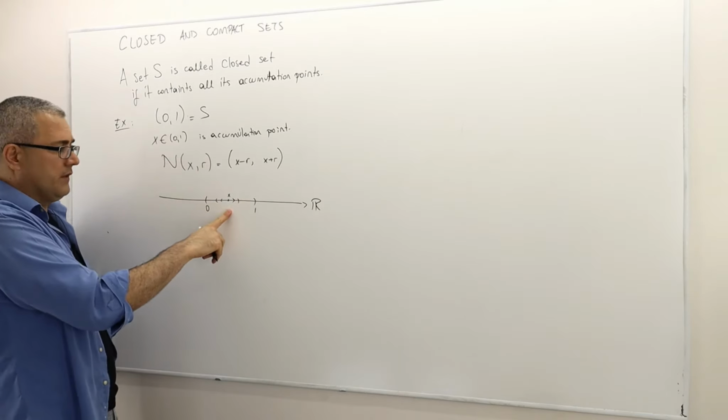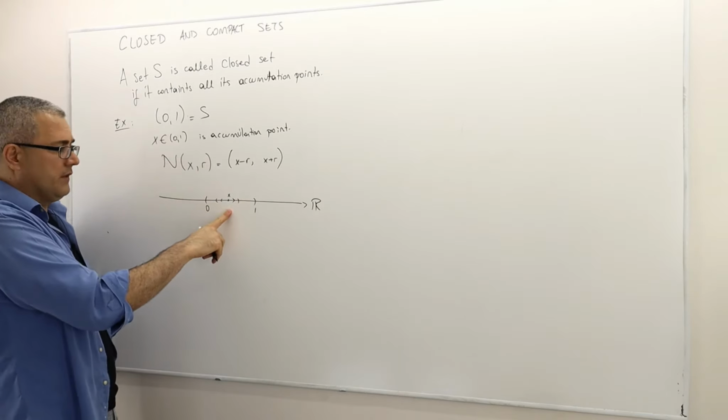So again, if you look at the real line, if this is 0 and this is 1, a neighborhood around 0, this is minus r, this is plus r, will always include some elements from the (0, 1) interval, whether r is very, very small. r can't be 0, so r has to be positive. So it will always include a point in the (0, 1) interval. For that reason, 0 is an accumulation point. With exactly symmetric arguments, 1 is an accumulation point.